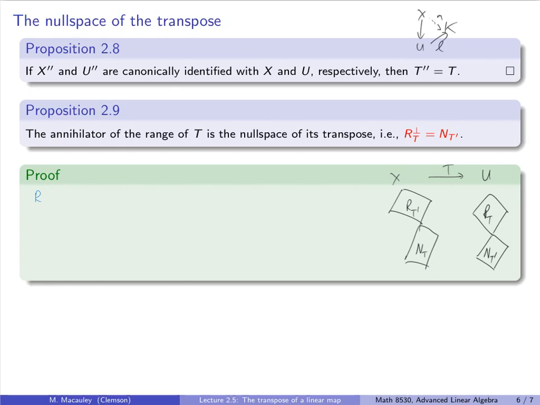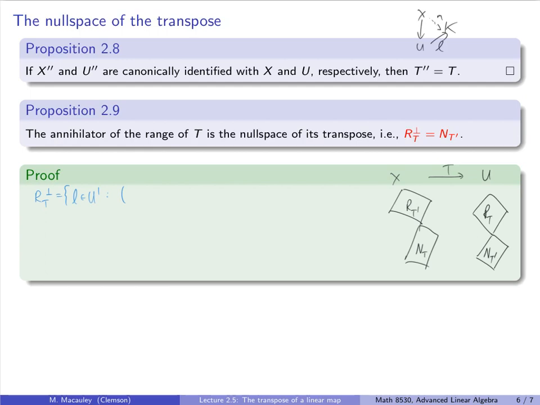So the annihilator of the range, by definition, where does this live? This lives in the dual, because the range lives in U. And so the annihilator lives in the dual of U. So this is all linear functions, or dual vectors, such that, now what does it mean to annihilate everything in the range?